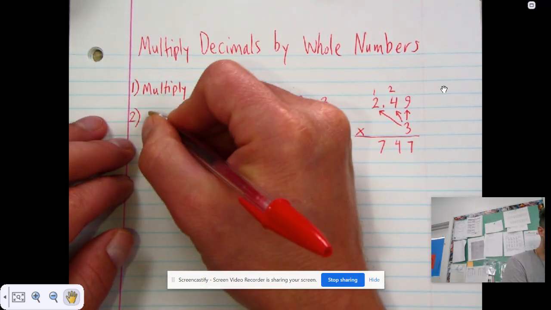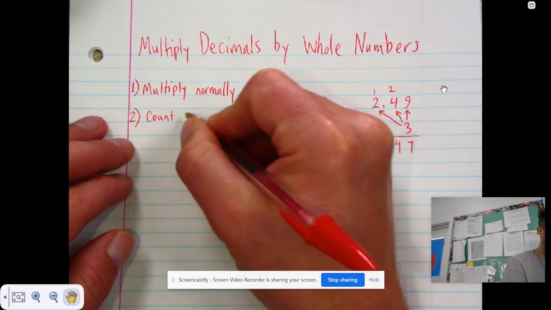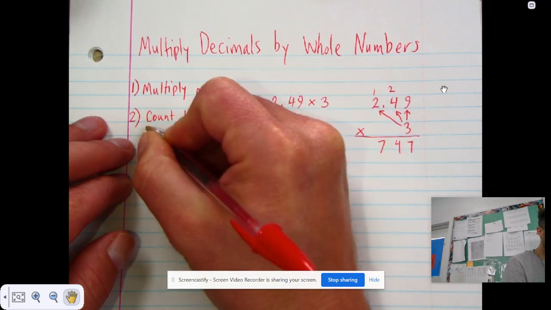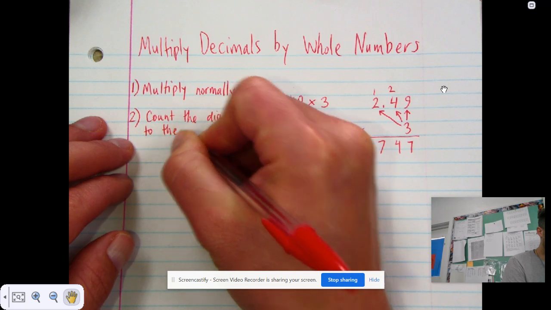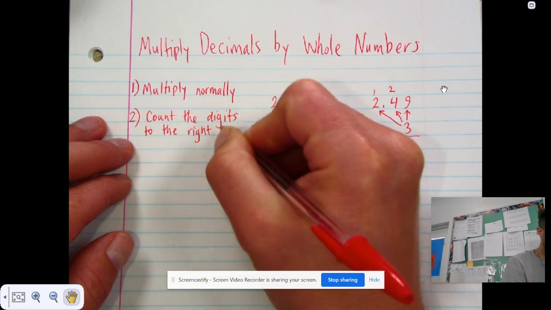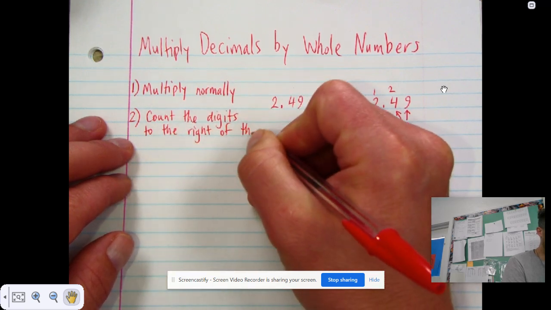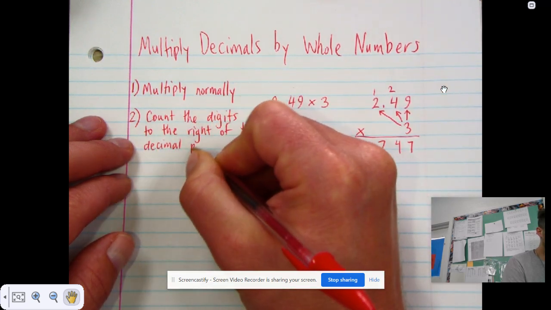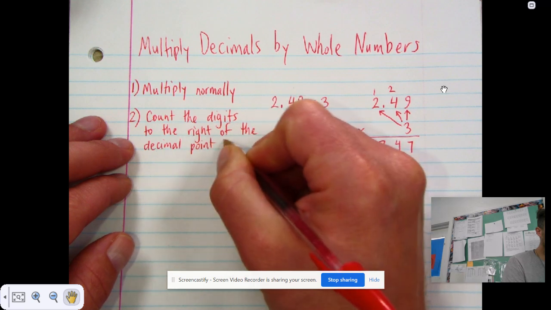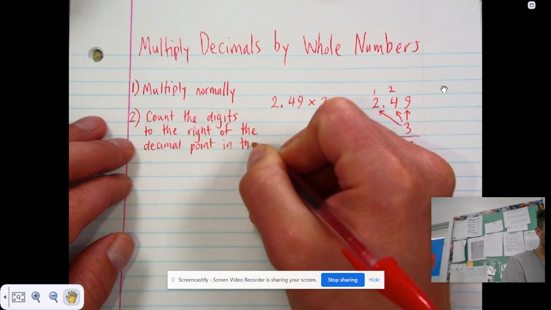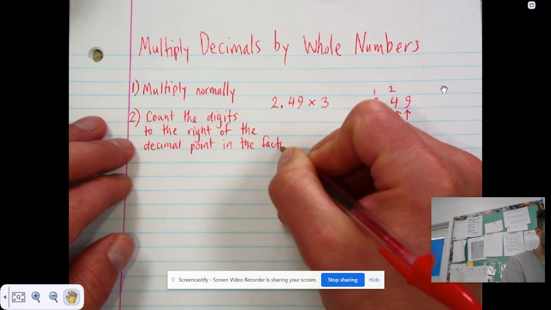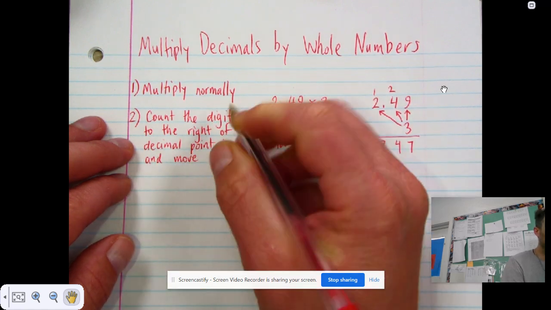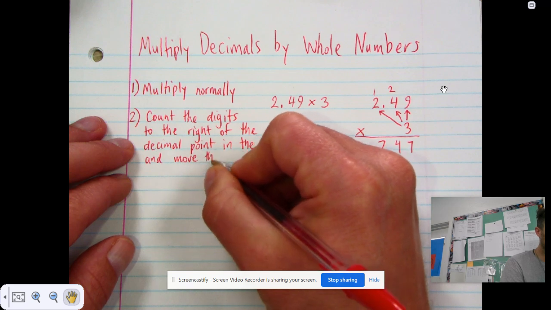Step 2 is count the digits to the right of the decimal point in the factor and move them over that many times in the product.